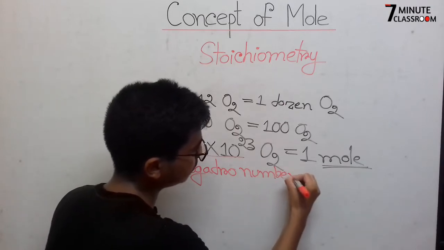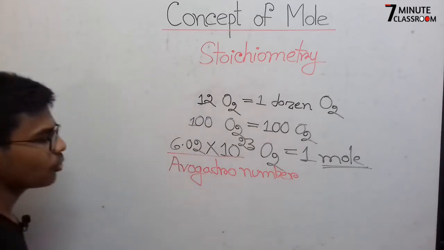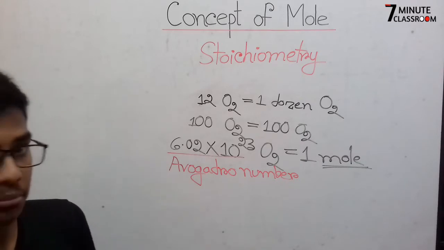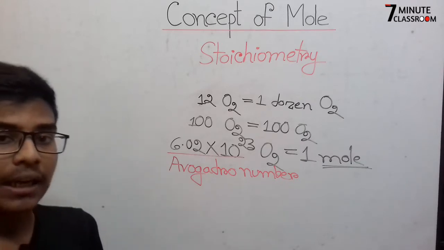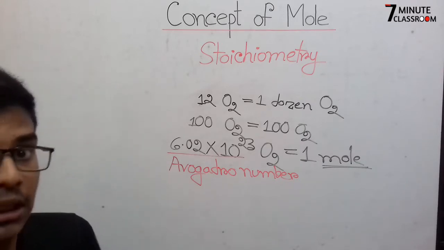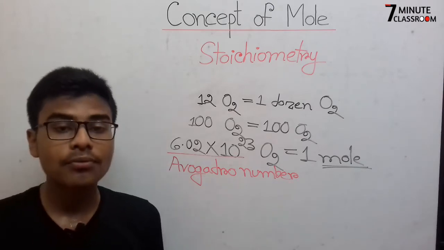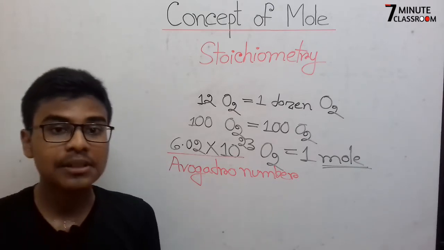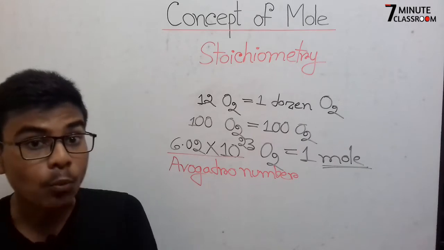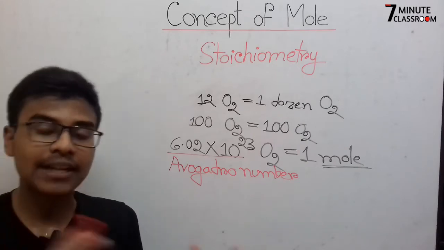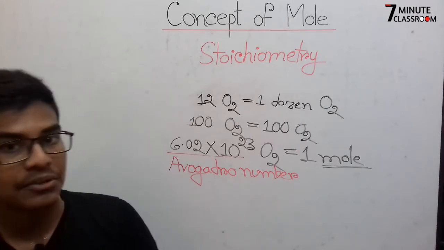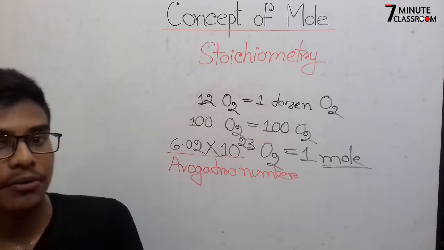Avogadro number. Okay, so actually what is Avogadro number? Do you know about it? The number of molecules, atoms or ions present in 1 mole of a substance, whether that substance is a molecule, atom or ion, is called Avogadro number.